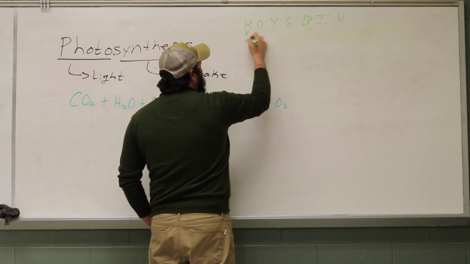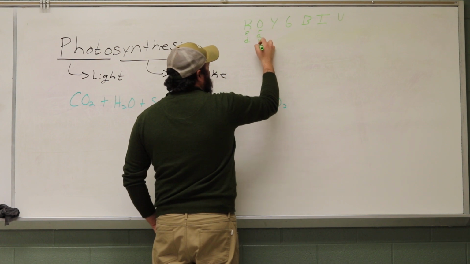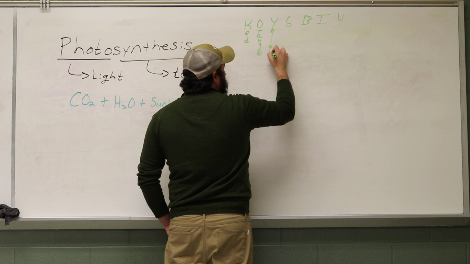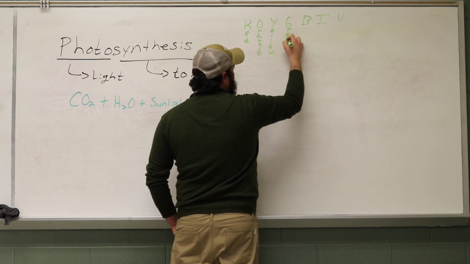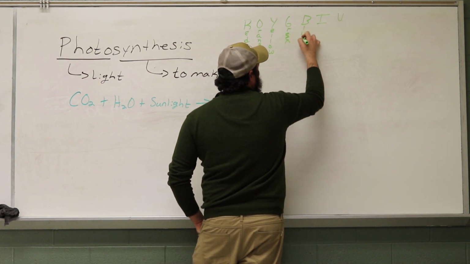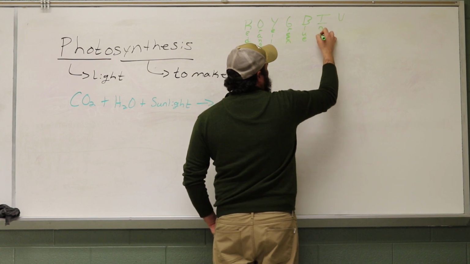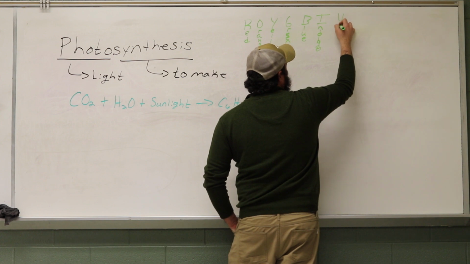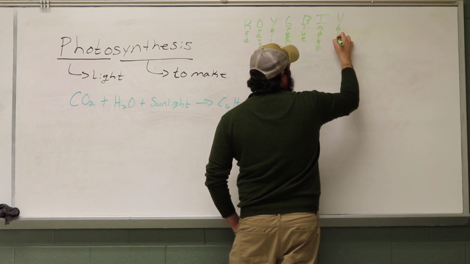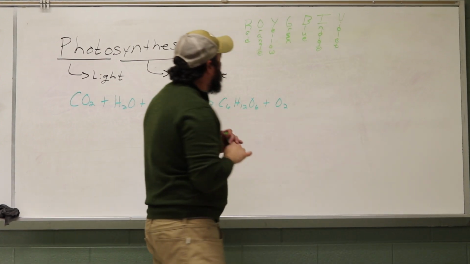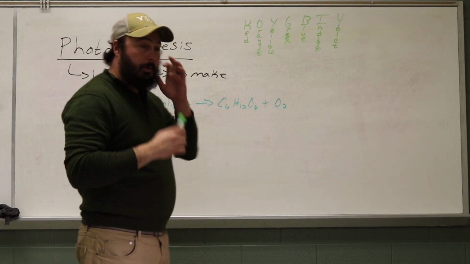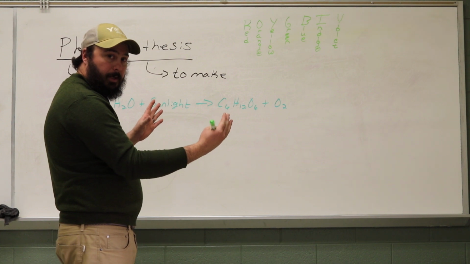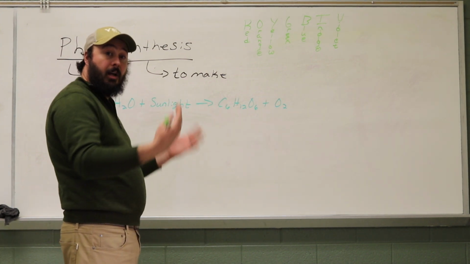Red, orange, yellow, green, blue, indigo, and violet. Red, orange, yellow, green, blue, indigo, violet. This is the visible light spectrum. It occurs in these colors. It's the colors of the rainbow.